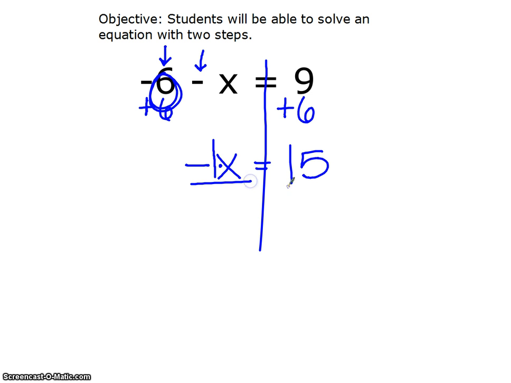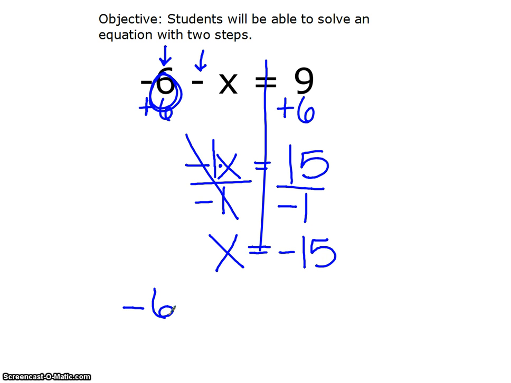So this time, I'm not only going to divide the 1, but I'm going to divide a negative 1 because x needs to be alone, and you need to get rid of that negative with the 1. So negative 1 divided by negative 1 is a positive 1, so they cancel out, and you get just x. 15 divided by negative 1 is negative 15. So we have the value of x.